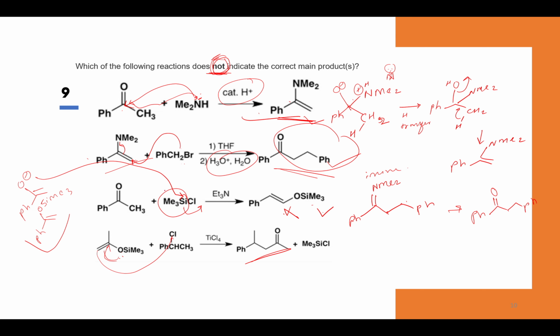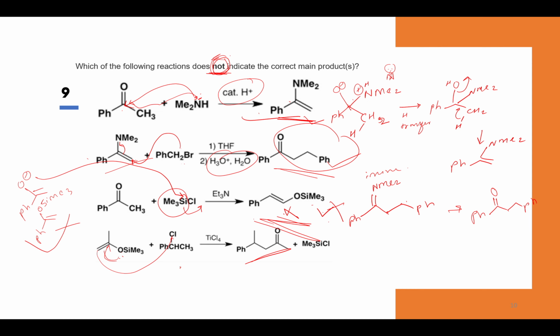Then we have discussed option number 3, where silyl ether formation takes place instead of this one as the major product. So that's why this is the incorrect option. The main product is not this one in this case. That's why this is the correct option according to the question.